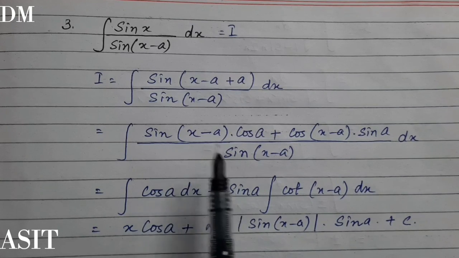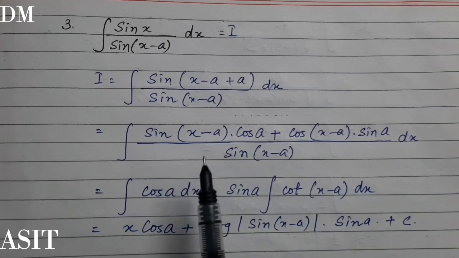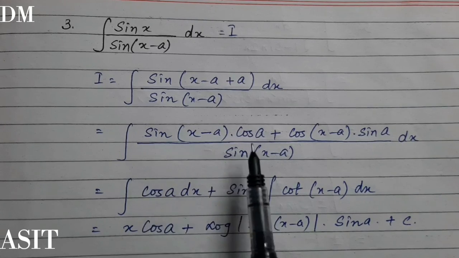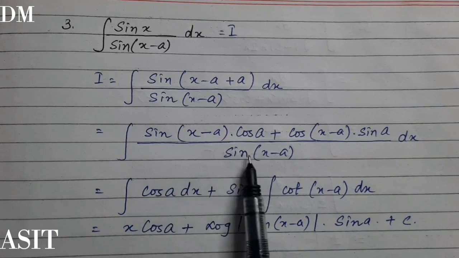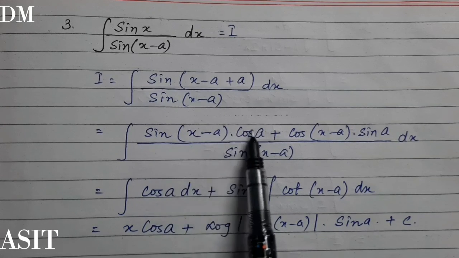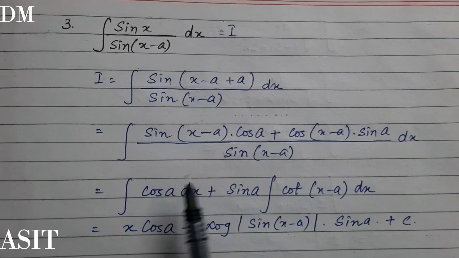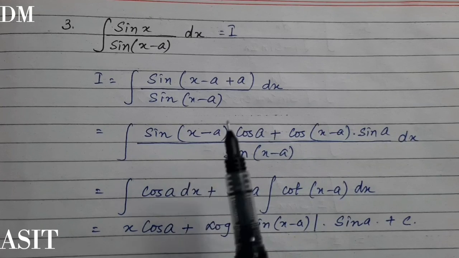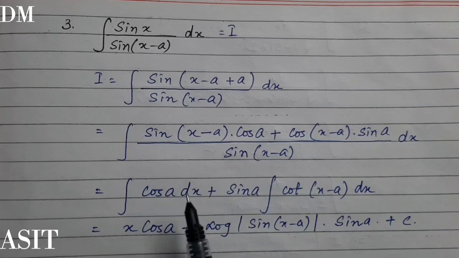Now we can distribute this denominator. If I distribute the denominator with that term, sine of x minus a will be cancelled out, so only cos a will be there. We are also distributing the integration, so it will be cos a into dx.